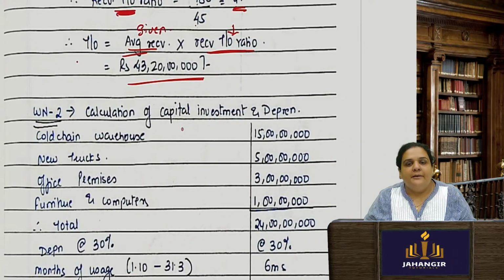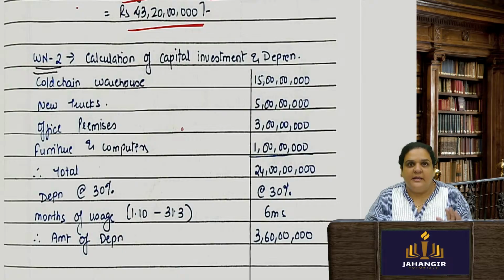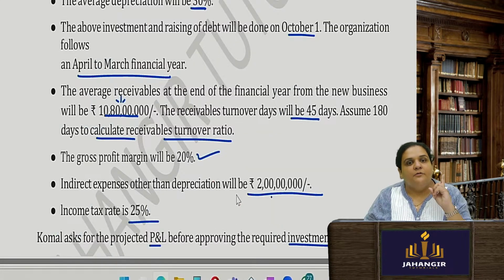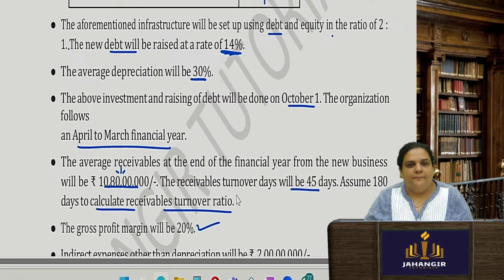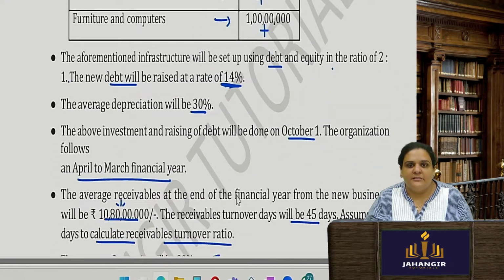Now, capital investment and depreciation. They have told me depreciation is 30%, but I'll have to calculate. My total assets are 24 crores. Depreciation rate is given 30%. But all this has happened on 1st day of October. The above investment and raising of debt both has happened on 1st day of October.